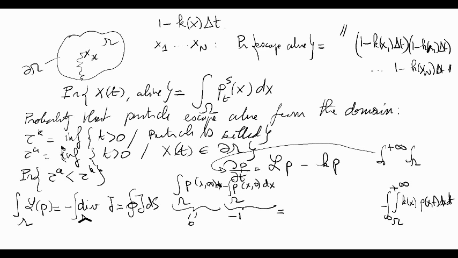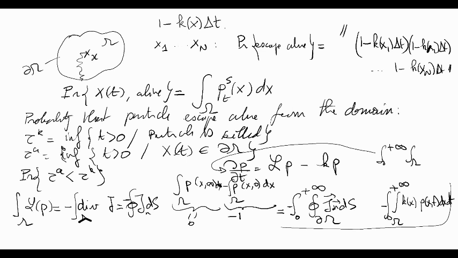So this is the integration from 0 to infinity of the integration over the boundary of d omega of j dot normal ds. And because of the minus which subsists here, we have a minus.